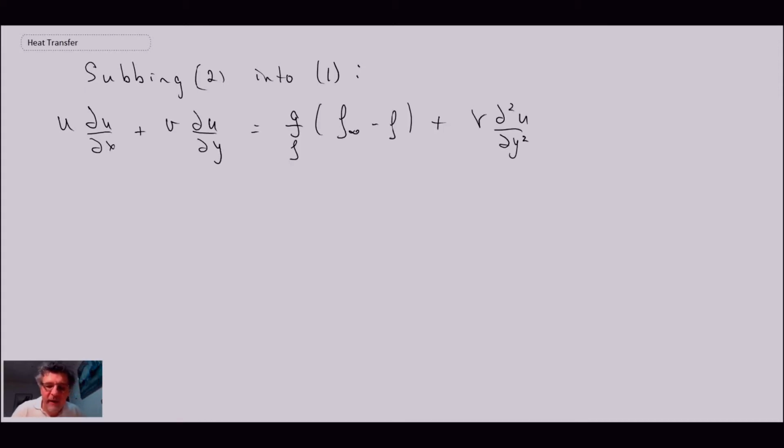So we obtain this equation here, and now we're going to focus in on this term, how to handle the fact that we have a density difference. In order to do that, we're going to introduce the volumetric thermal expansion coefficient.